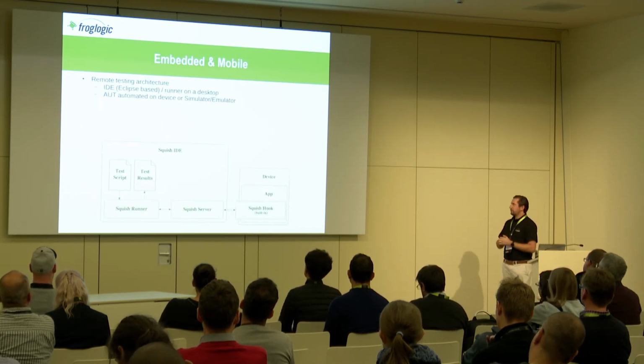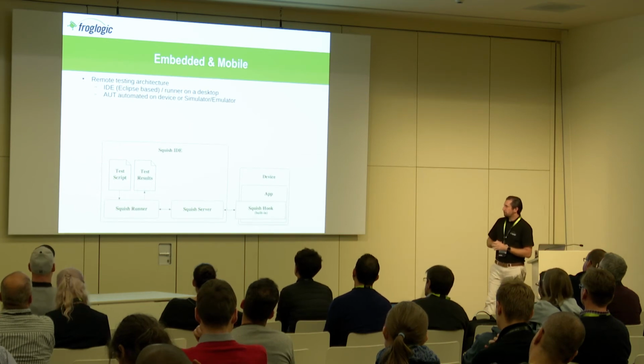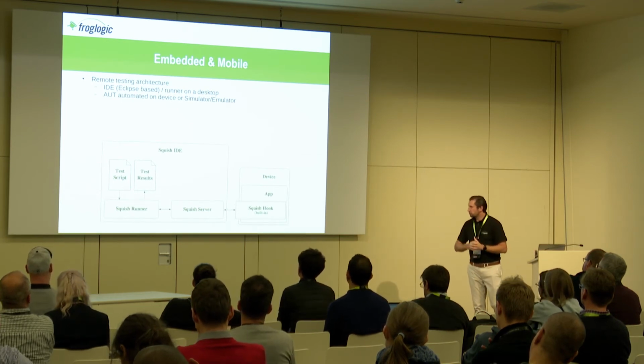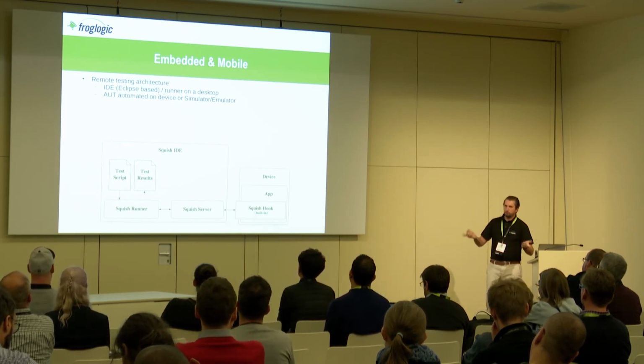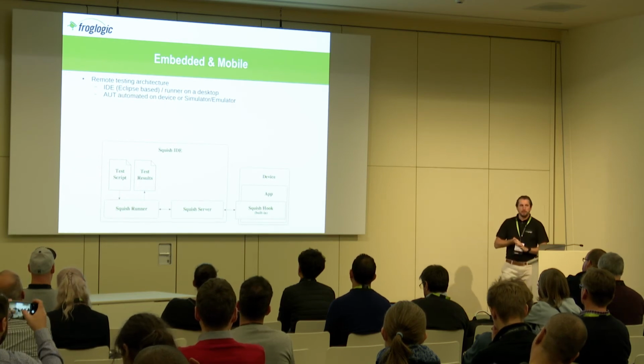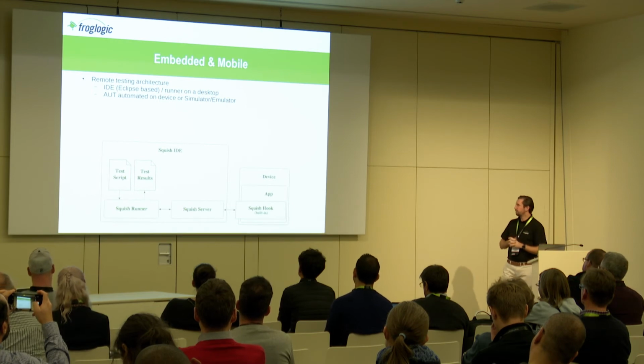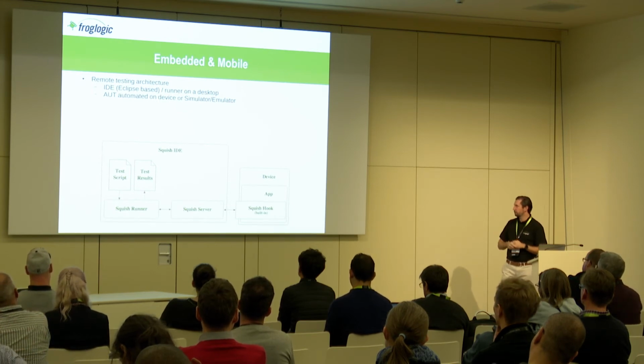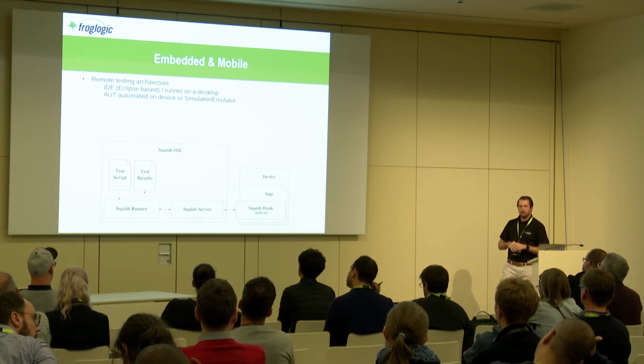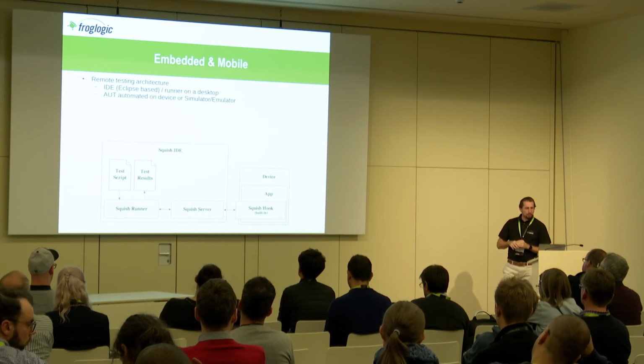In the case of embedded or mobile testing, typically or often you don't want to put the Squish server on the device because it would be an extra executable, and you want to deploy as little as possible in addition to your application. And for that case, you also can build the Squish hook into the application under test as a shared library.